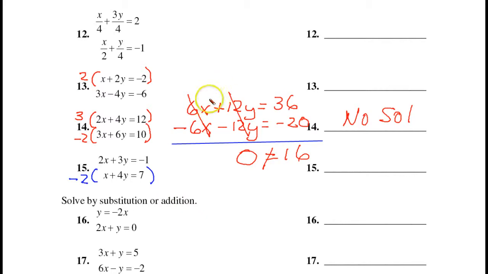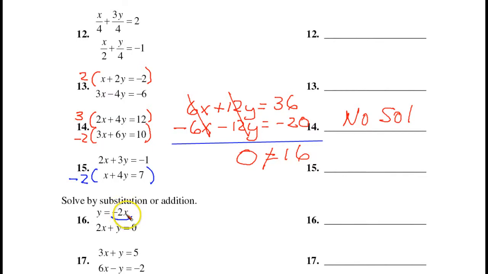Now, you sometimes wonder, well, what method should I use? Well, here they're saying use substitution or addition. What would you use here? Well, I would think substitution because you have y solved already.